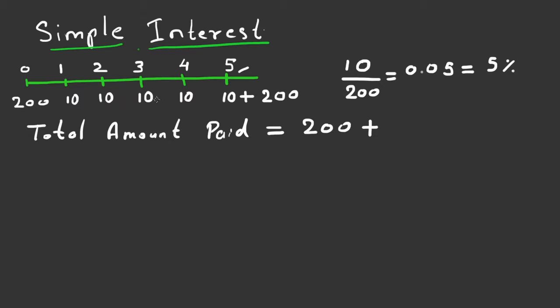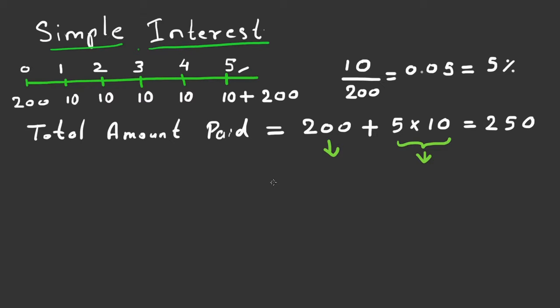It is 5 times 10. So 5 into 10. So total it is 250. This is principal and this is interest.